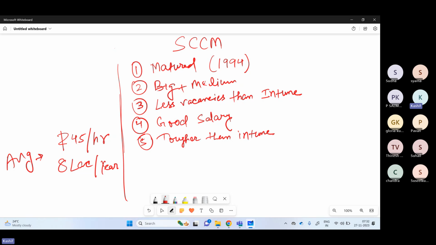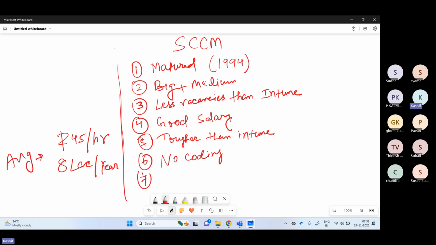If you already have a little knowledge of SCCM, then it's okay. But if you are learning Intune or SCCM for the first time, then you will find Intune is easier than SCCM. Okay. Point number 6, no coding. We don't have coding here as well.